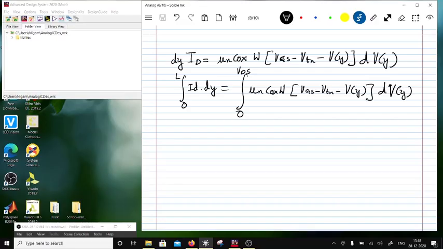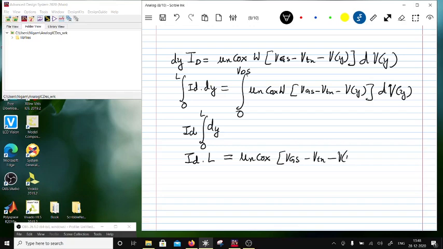So in that case, this Id is independent of this integral 0 to L dy, and this simply will be Id times L, equal to, since mu n Cox is constant, the integral from 0 to VDS, which will be (VGS minus VTn minus Vy) squared divided by 2, and there will be a minus sign, so I will be inverting the limits.